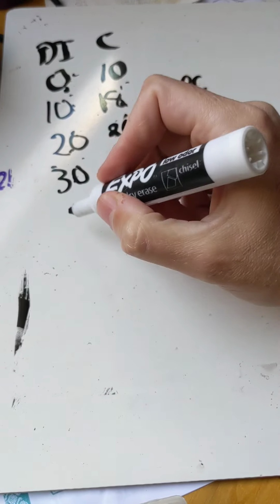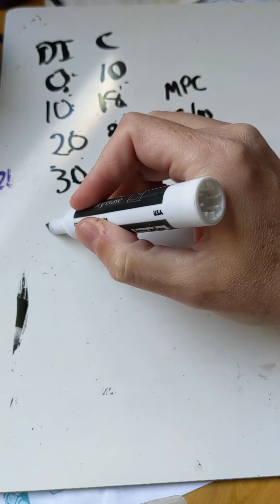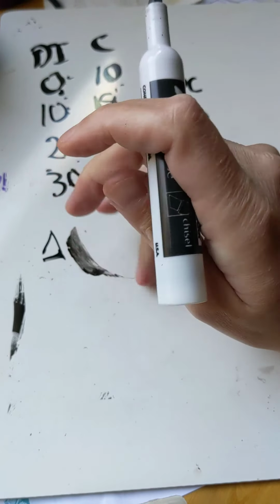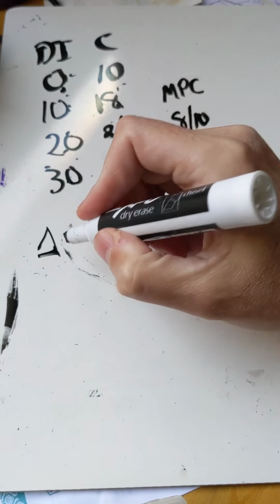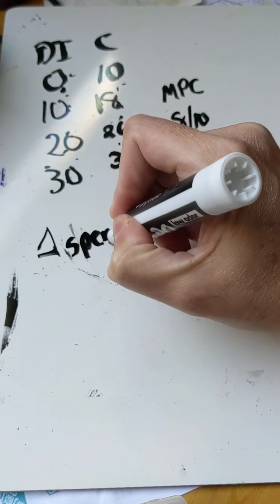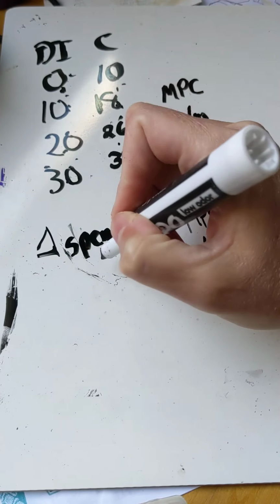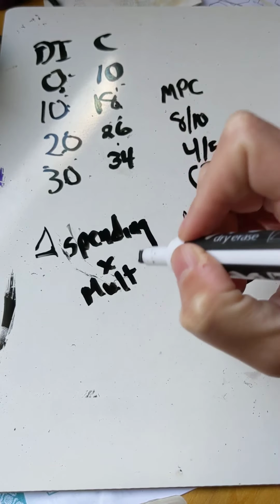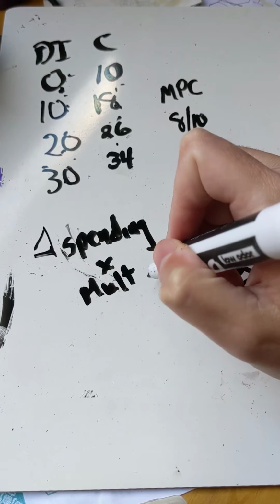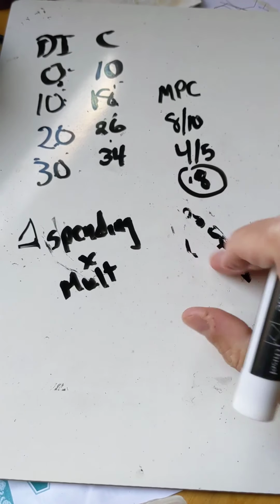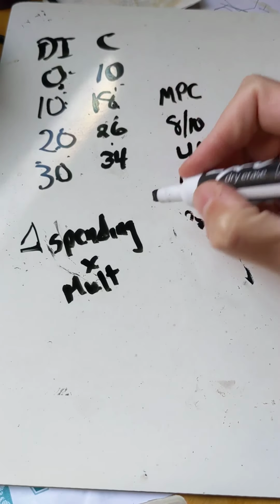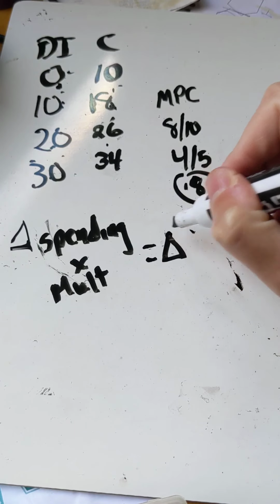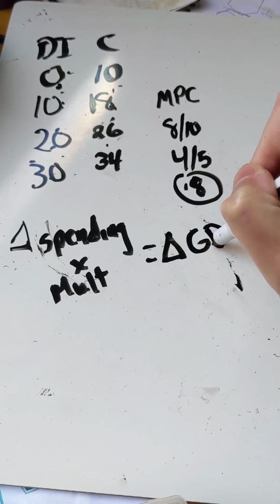Fundamentally speaking, the formula is: change in spending times multiplier equals change in equilibrium GDP.